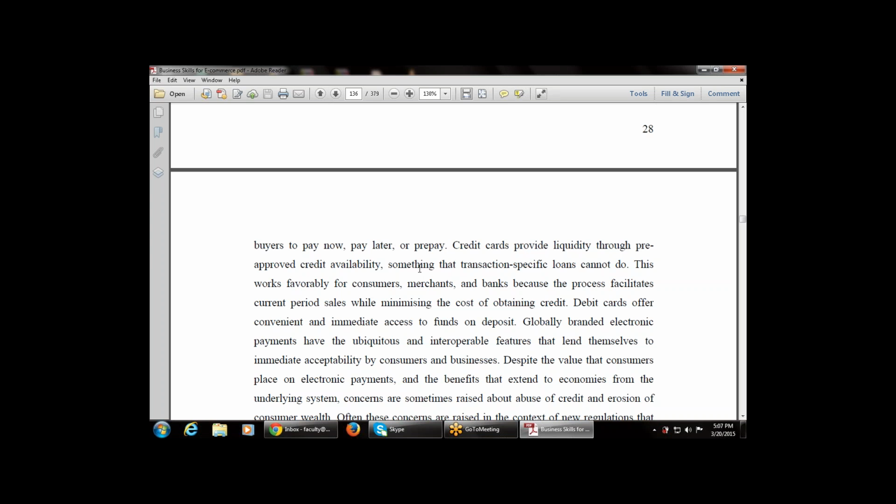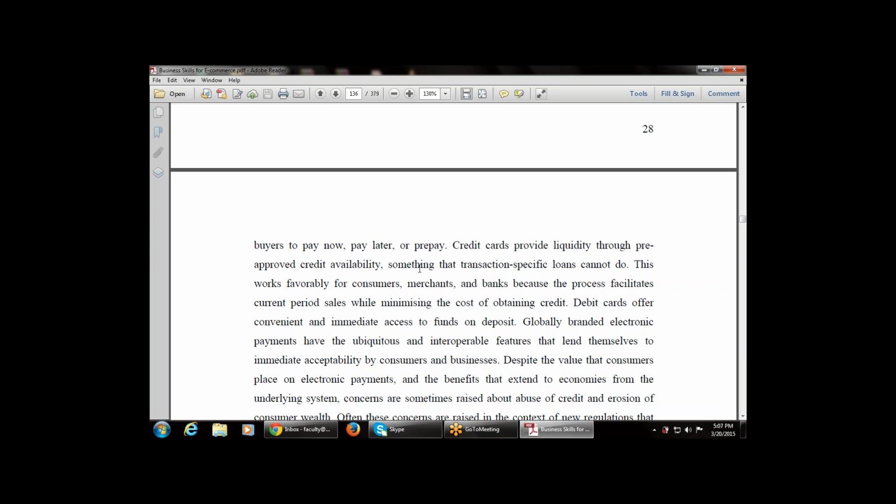Debit cards also offer convenient and immediate access to funds on deposit. Globally branded electronic payments have ubiquitous and interoperable features that lend themselves to immediate acceptability by consumers and businesses.